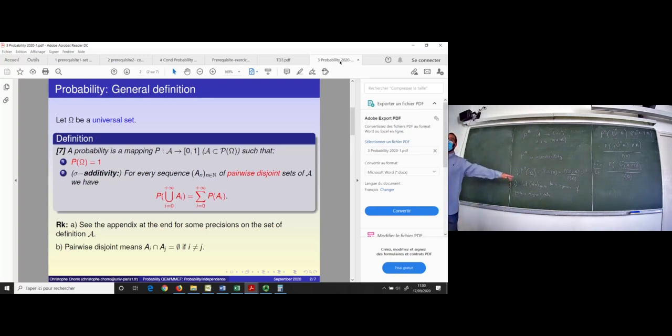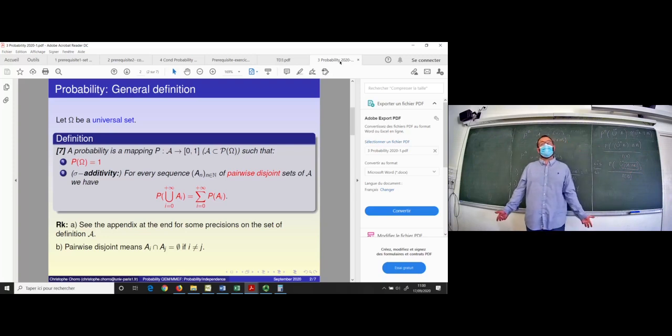You have something in the border. I start with a sequence that is not an arbitrary sequence. Here, I have a sequence of pairwise disjoint sets. If you have pairwise disjoint sets, meaning that they have an empty intersection two by two, it's the last line of the slide here. But what happens if I do the intersection with a fixed set?